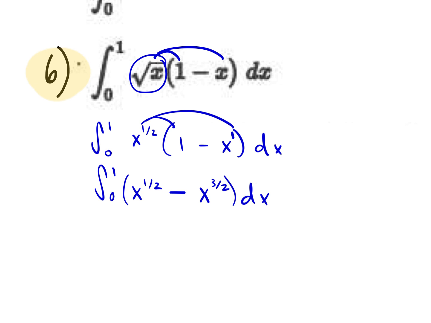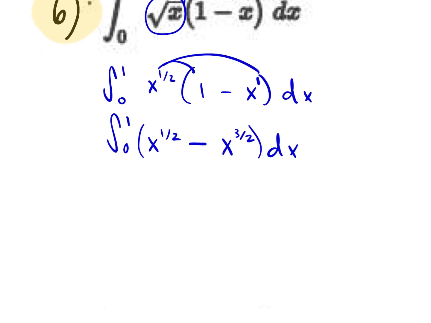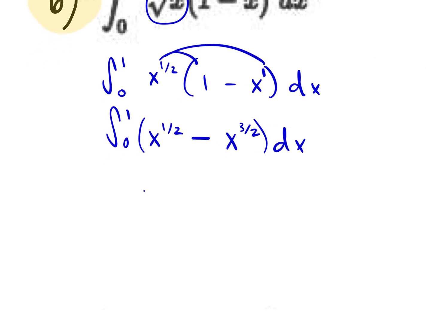from 0 to 1. Now we can take our antiderivative. So we have x to the 3/2 power times what? Times 2 over 3, perfect, minus x to the 5/2 power times 2 over 5. And this is from 0 to 1.